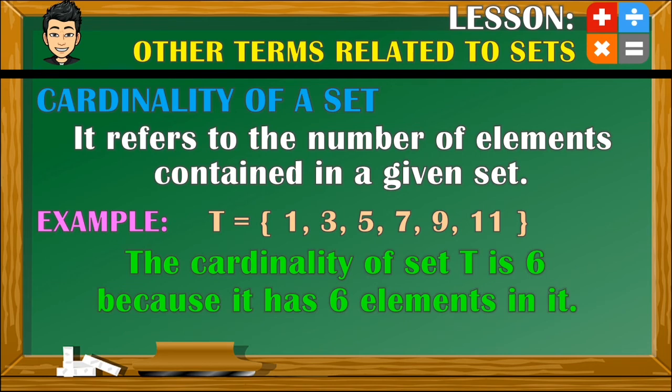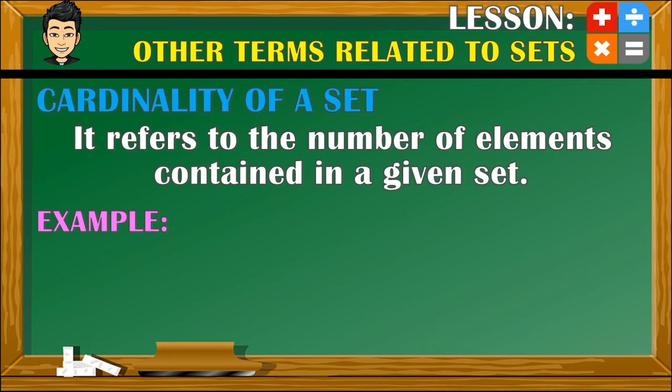Just like what I've said, cardinality simply means number of elements. In symbol, we can write the cardinality of set T like this. We write small letter n, then enclose the name of the set with parentheses, followed by equal sign, then the number of elements. This is read as the number of elements in set T is 6.